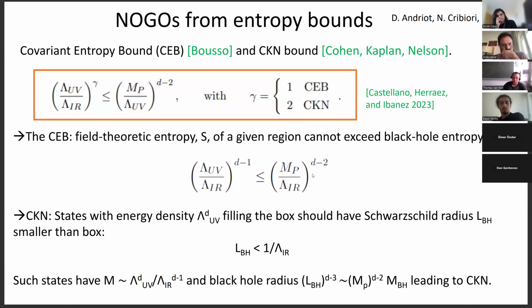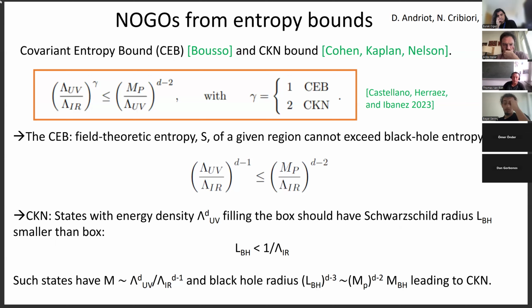Of course, the proper Bousso bound is much more involved, and I invite you to look at it. There are whole lecture notes written on how to think of the Bousso bound, and I'm definitely not the expert. Okay. And then what is CKN doing? CKN is asking a little bit more. CKN says, which of these quantum states are really going to challenge the use of effective field theory? Well, they say those quantum states for which the energy density is maximal, right?